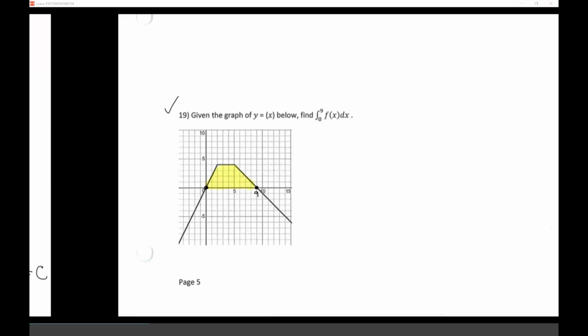What shape is that? Anybody know what that is? It's got two parallel sides. It's a four-sided shape with two parallel sides.